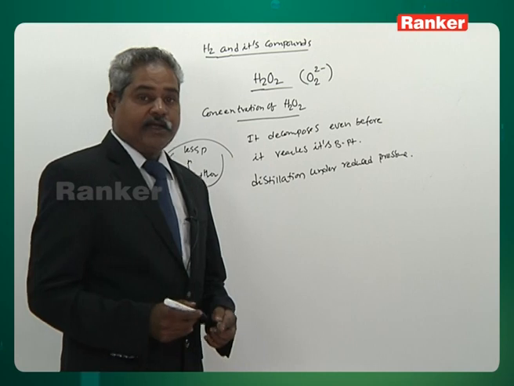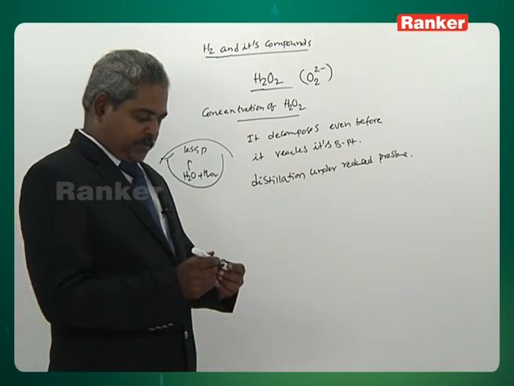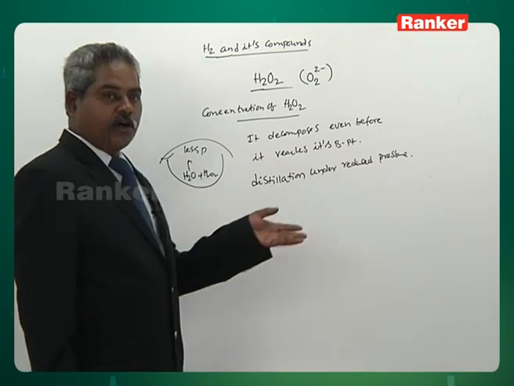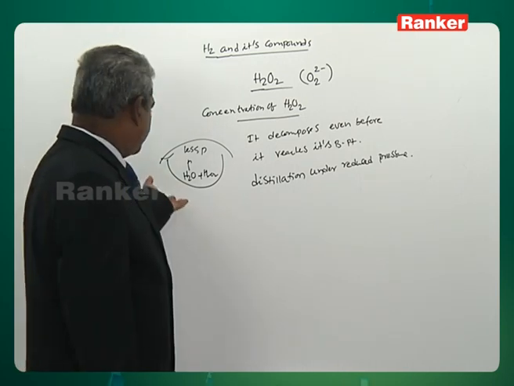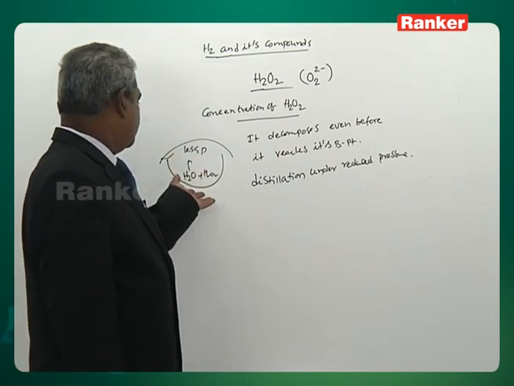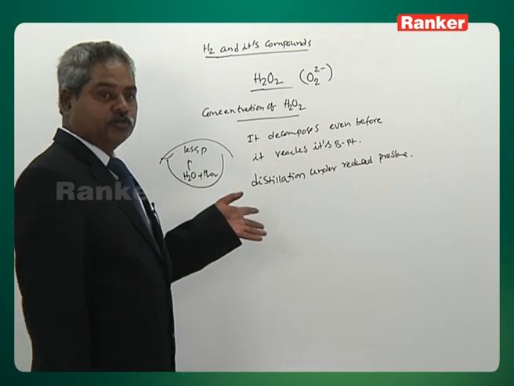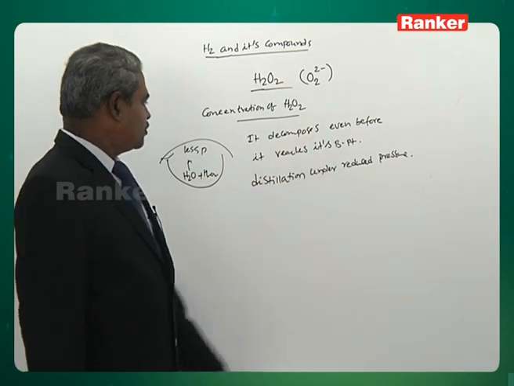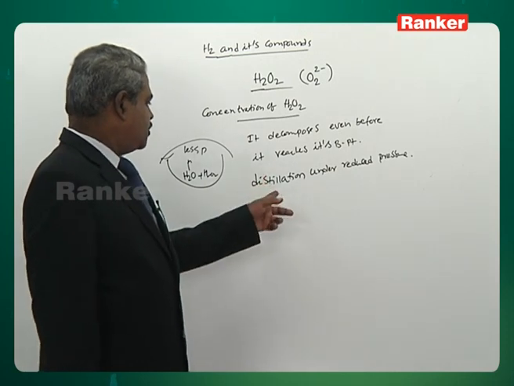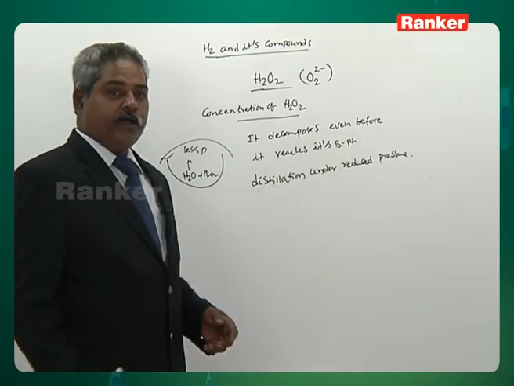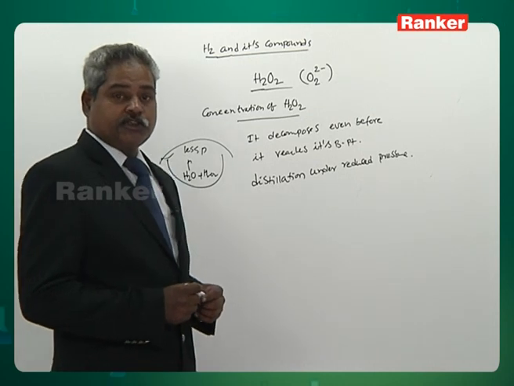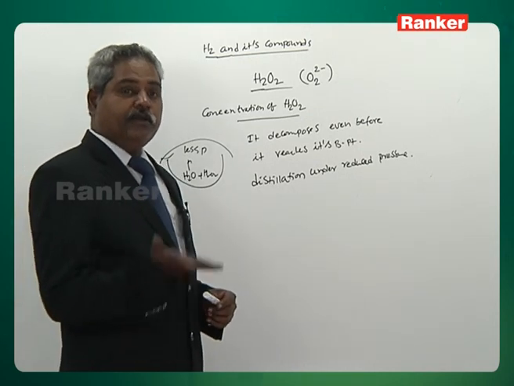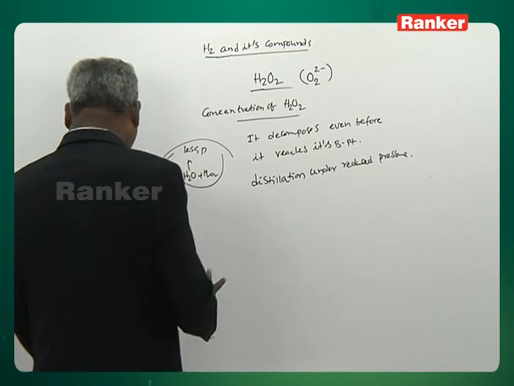Instead of 1 atmosphere, you take half atmosphere. So H2O boils quicker than that, and H2O2 doesn't decompose. So this is called distillation under reduced pressure. Which substances do you employ this for? Distillation under reduced pressure is employed to separate substances which decompose even before they reach their boiling point.